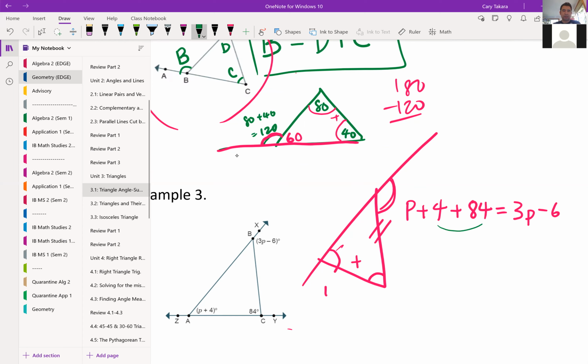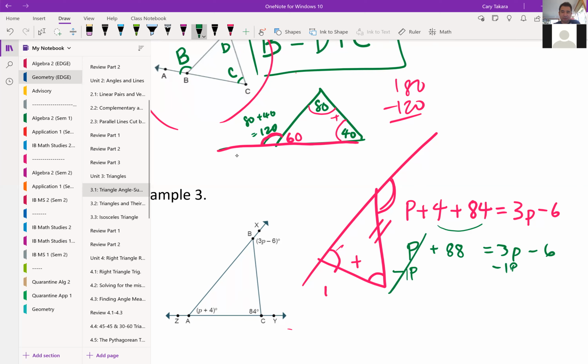Okay. 4 plus 84, that's on the same side. That's 88. So I could do that. Now I've got p on both sides of an equal sign. So we need to get rid of the smaller p. So I'm going to subtract 1p from both sides.